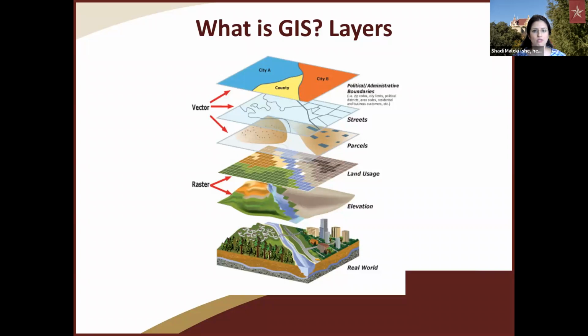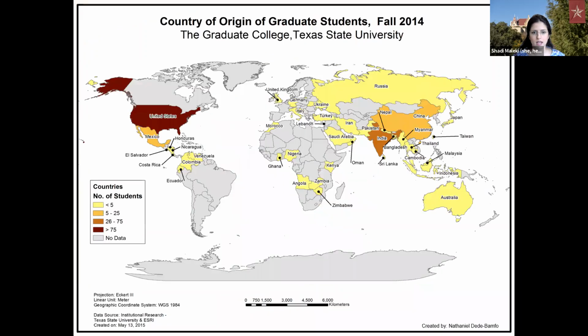What you do, you overlay these layers, you clip these layers based on your study area shape. For example, you have the layer of Texas, but what you need is exactly only the Austin area. So you would clip your data based on Austin city limits, for example. You will do the same thing, and after that, you will do some analysis on them.